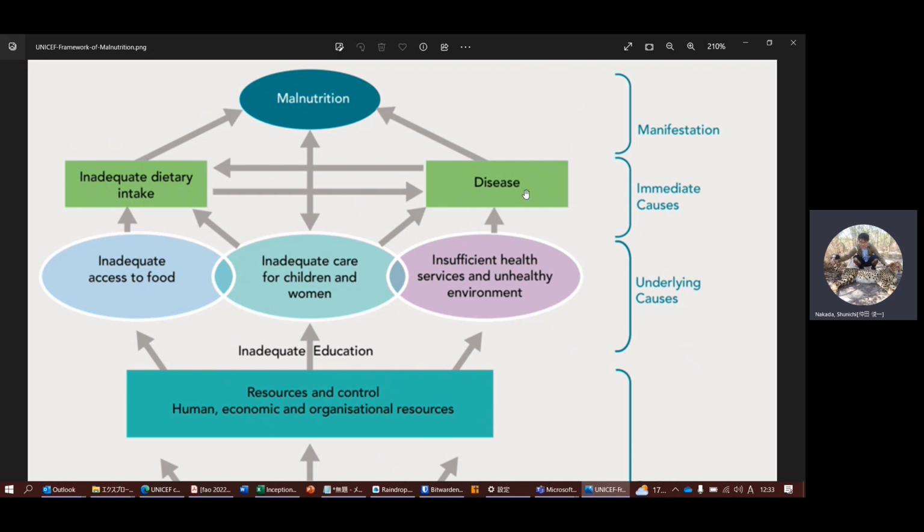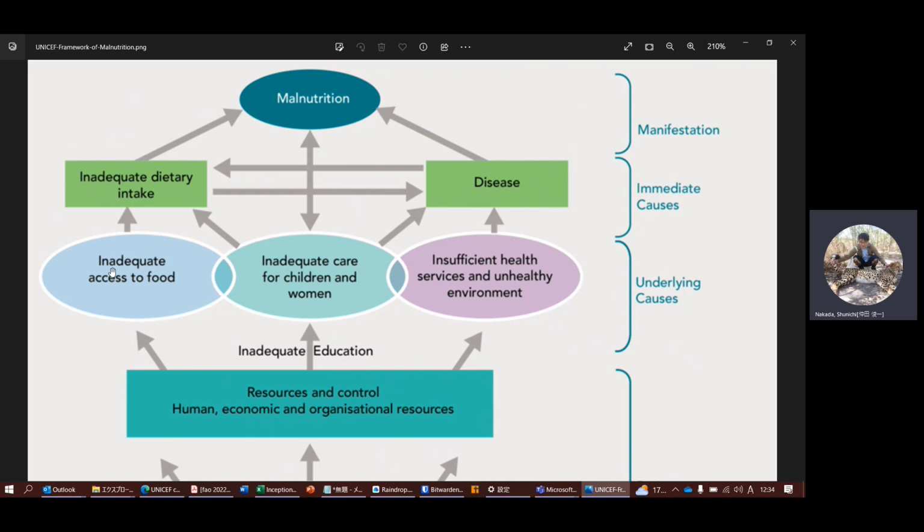But these 2 causes are closely associated with 3 underlying causes. First, inadequate access to food, so limited access to nutritious food. Second, inadequate care for children and women at household level. And third, unhealthy environment plus limited access to health service.